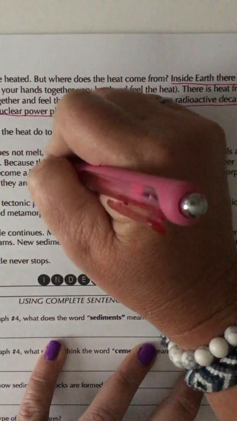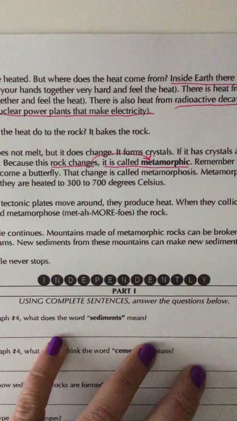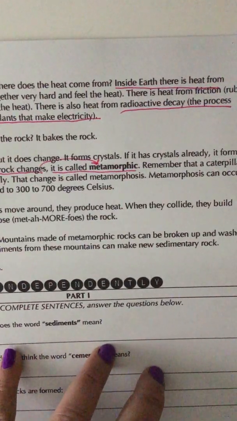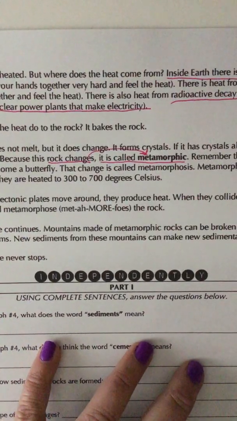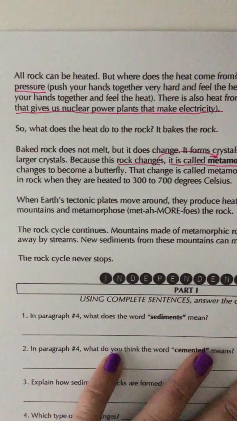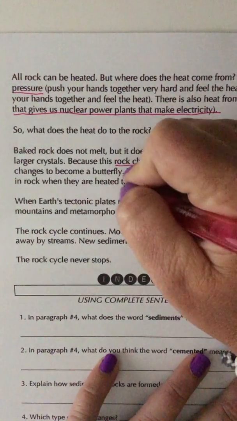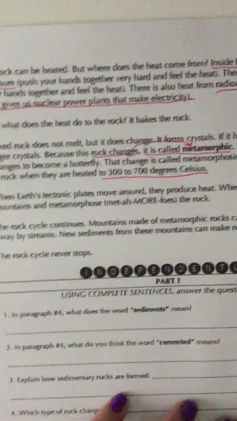Remember, we learned yesterday that when rock changes, it's morphing, like the Hulk. Remember that a caterpillar changes to become a butterfly. That change is called metamorphosis. Metamorphosis can occur in rock when they are heated to 300 to 700 degrees Celsius.